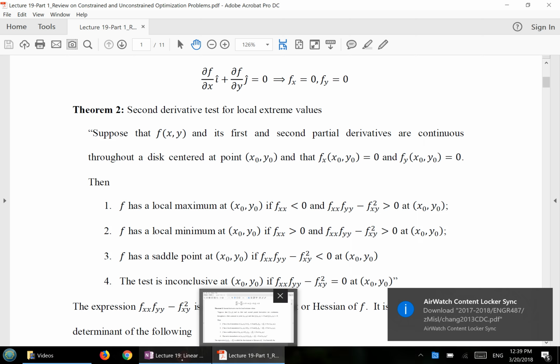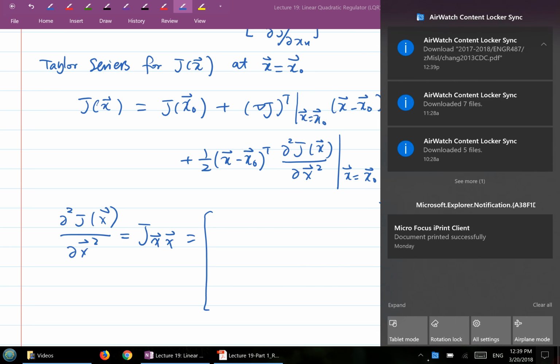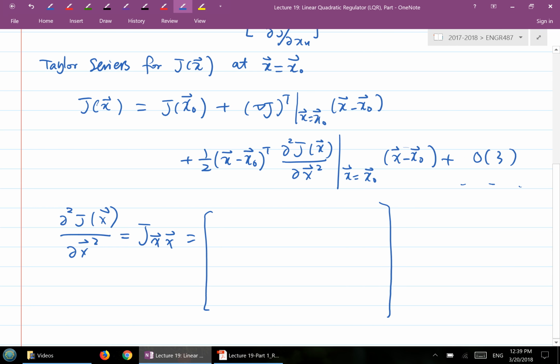So this Hessian matrix, if you write down every term, you get partial squared J with partial x1 squared. All the diagonal terms are second order partial derivatives with respect to x1, x2, and xn. And the off diagonal terms turn out to be symmetric.